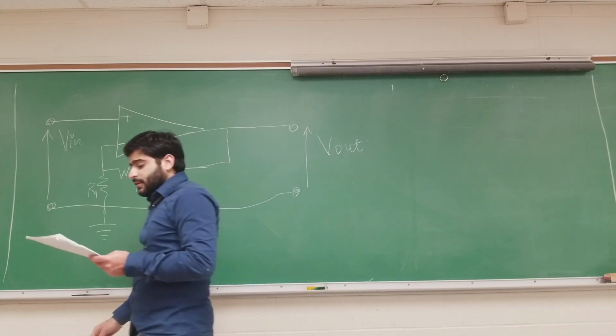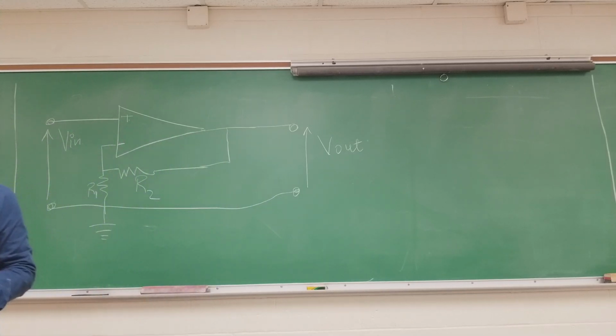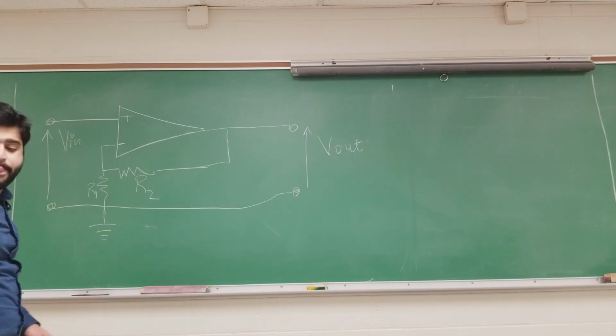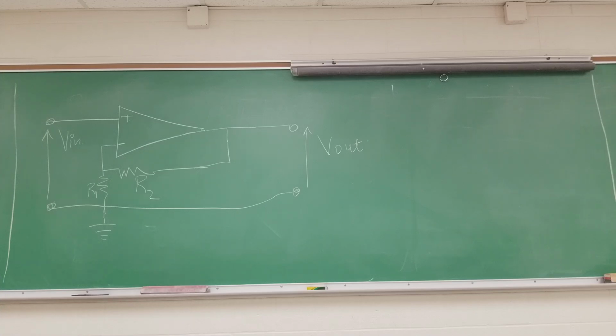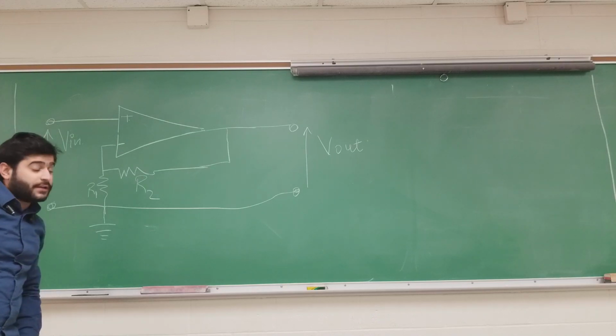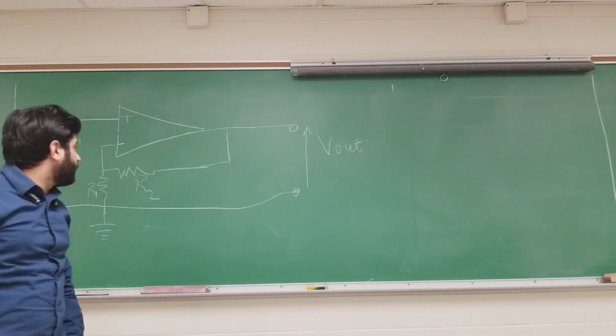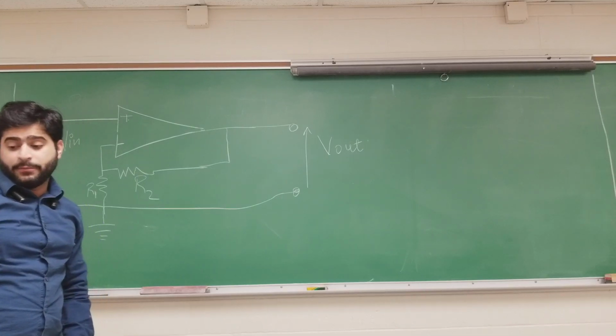The reason why it is known as a non-inverting op-amp or non-inverting amplifier is that we provide the electrical signal through the positive terminal of the op-amp. If we provide the electrical signal through the negative terminal, then it's known as an inverting op-amp.